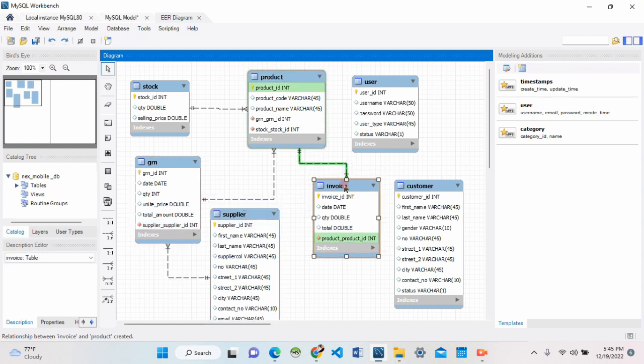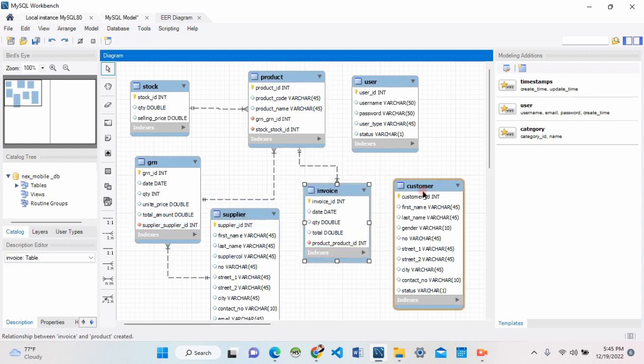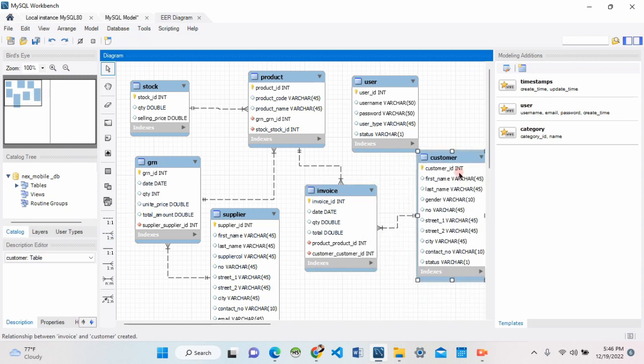Then the invoice and customer relationship will also be one to many. The customer side should be one, and the invoice side should be many. The relationship is marked like this.